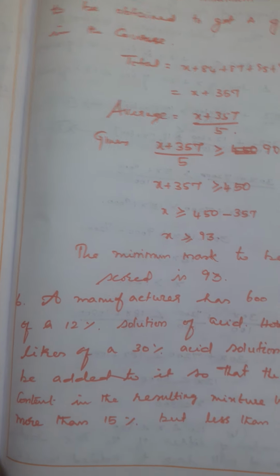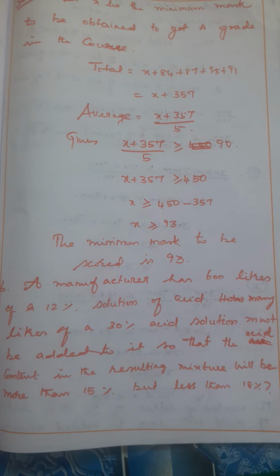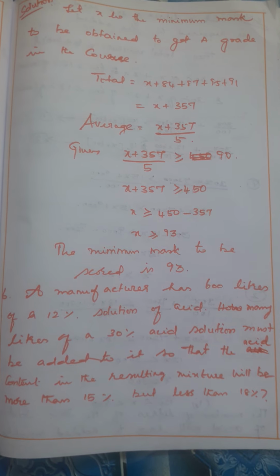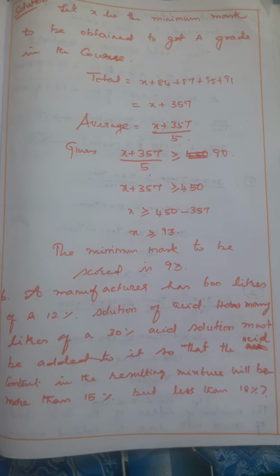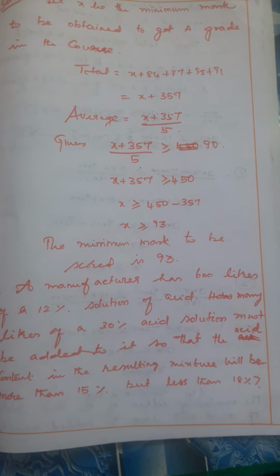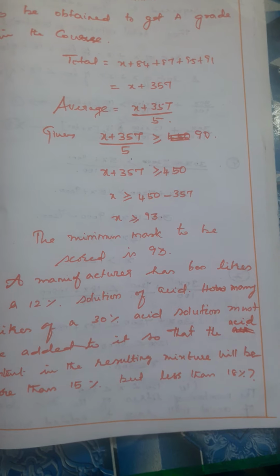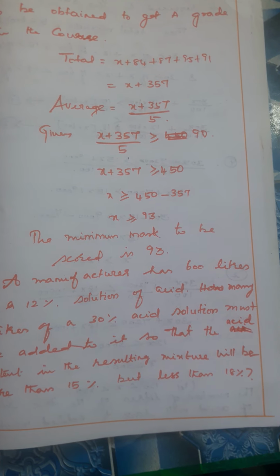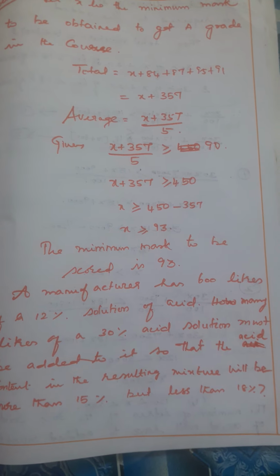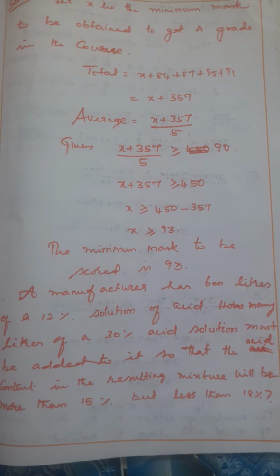And the 6th one is a very simple question. A manufacturer has 600 liters of 12% solution of acid, and how many liters of a 30% acid solution must be added to it so that the acid content in the resulting mixture will be more than 15% but less than 18%. You should know how to make solutions, as in our chemistry lab.